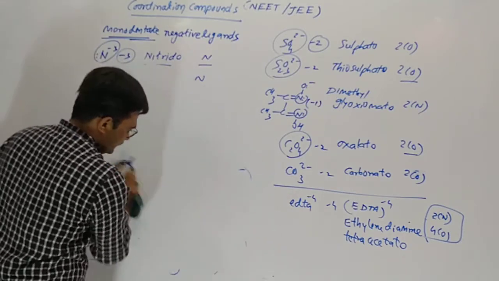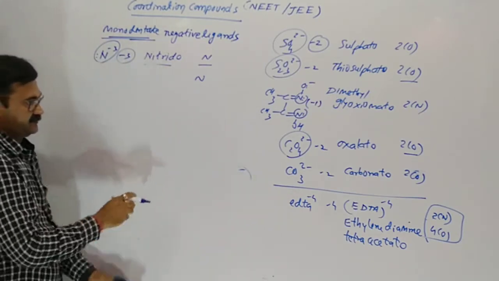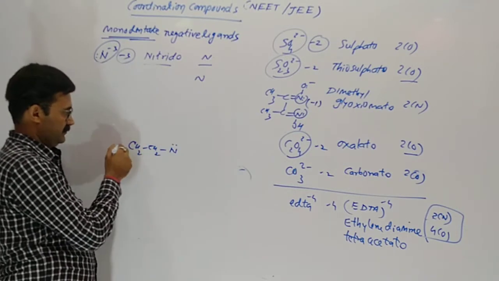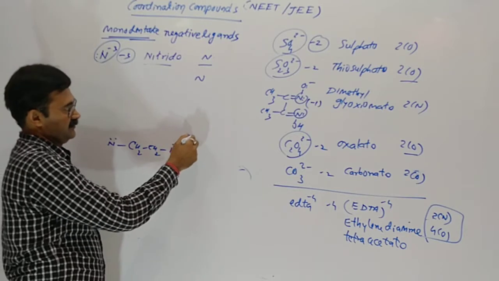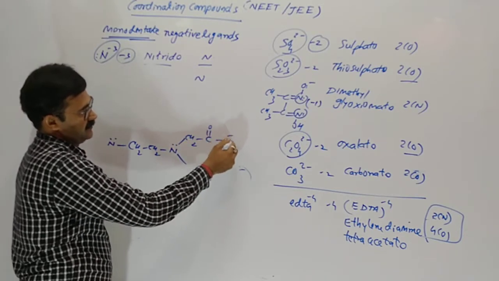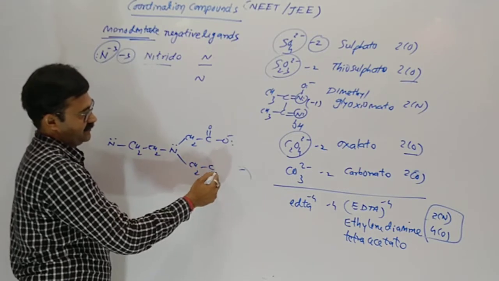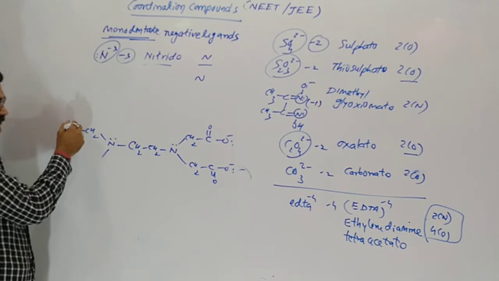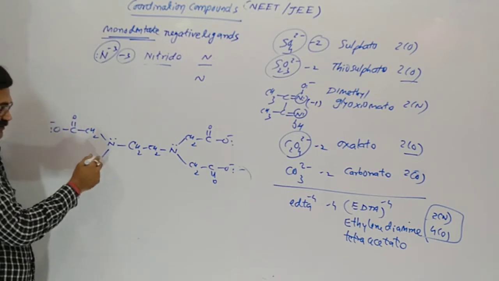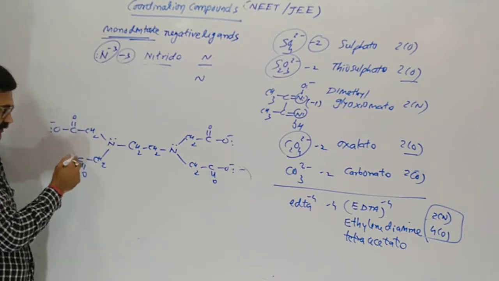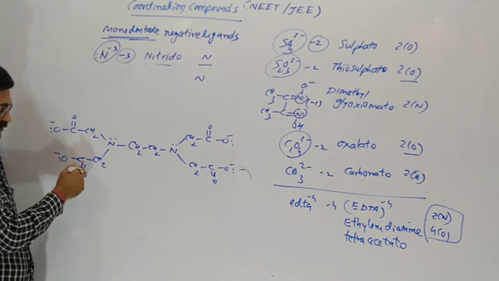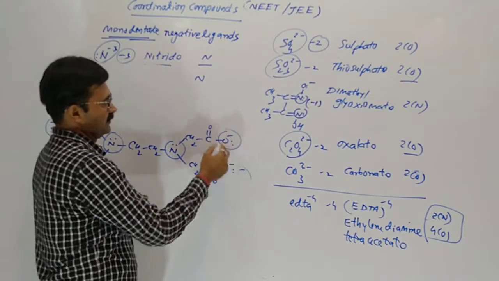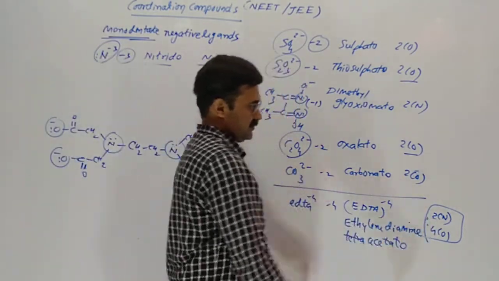Hexadentate means 6 electron pairs donate. Ethylenediaminetetraacetate: CH2COO-, CH2COO-. Here there are 6 donating sites, 2 nitrogen and 4 oxygen.